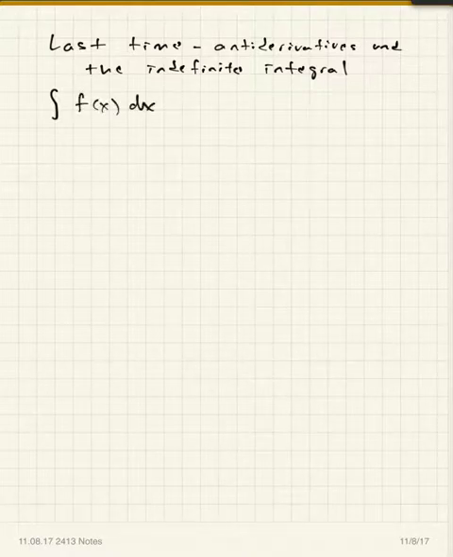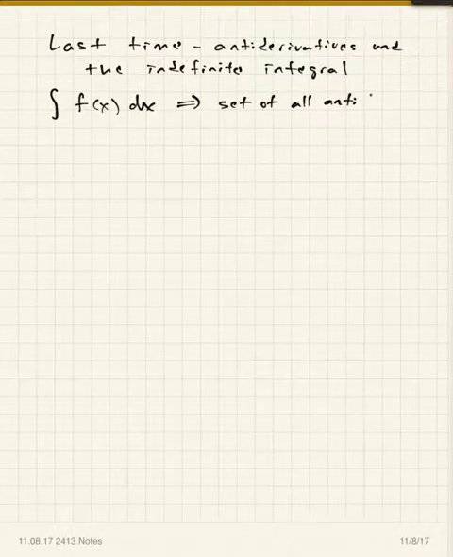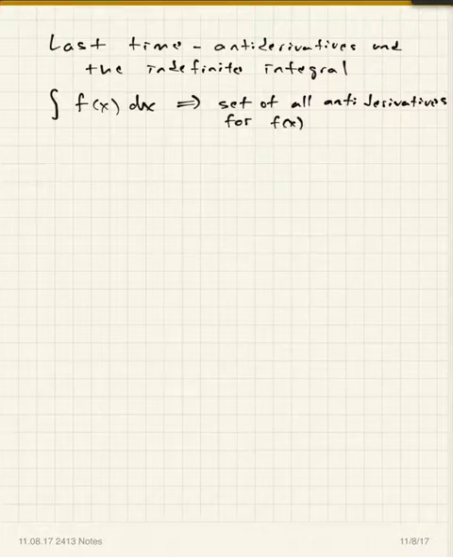This is the way we would typically write an indefinite integral. And this is simply defined as the set of all antiderivatives for little f of x. And so remember, an antiderivative is a function, capital F, whose derivative is equal to little f.